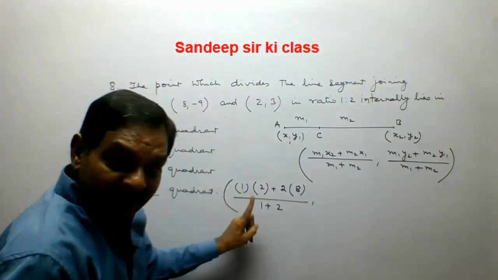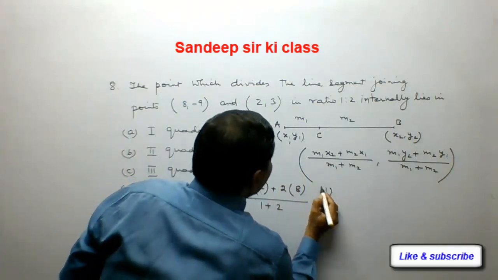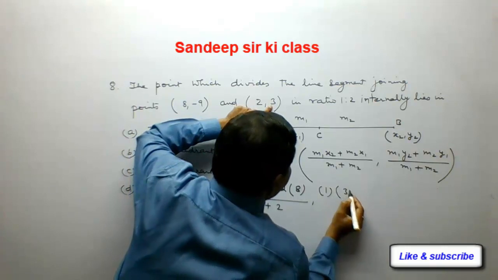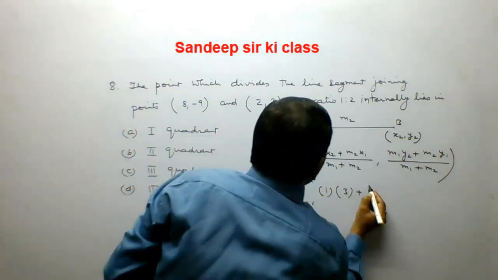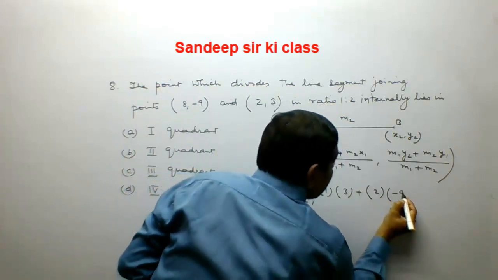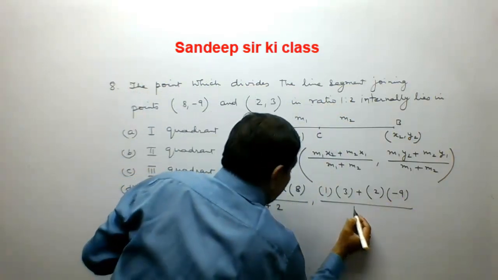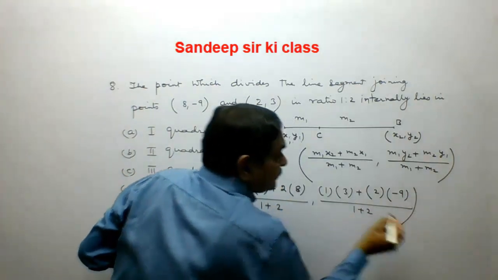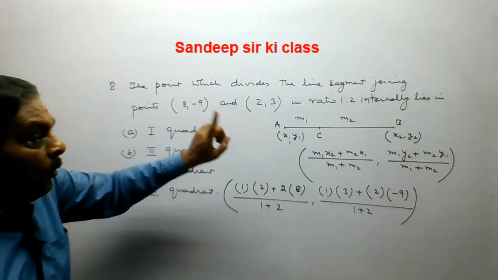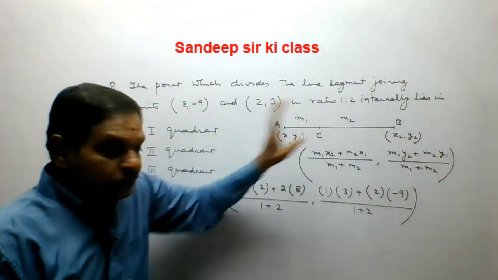This is the x coordinate. Y coordinate is 1 into y2 which is 3 plus m2 is 2, y1 is minus 9 upon m1 plus m2, that is 1 plus 2. This is the coordinate of the point which is dividing the line segment in the ratio 1:2.